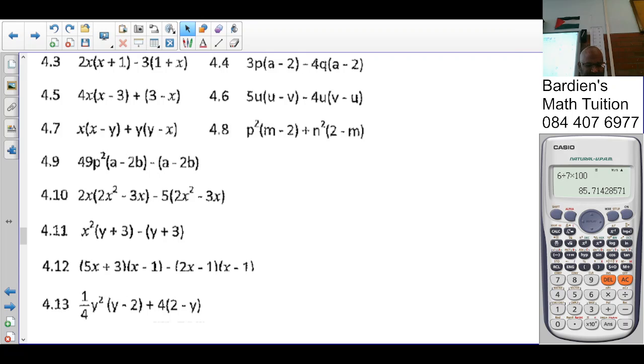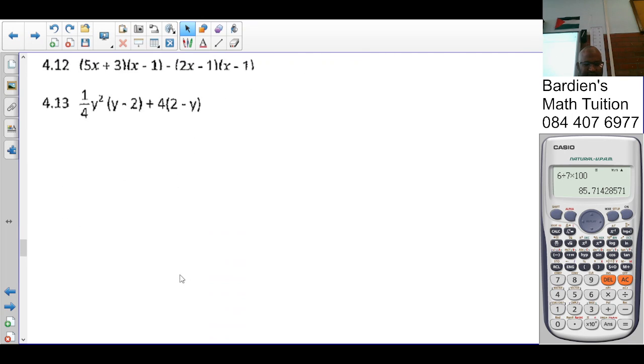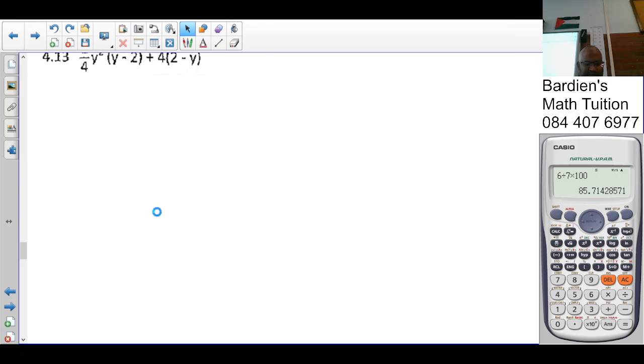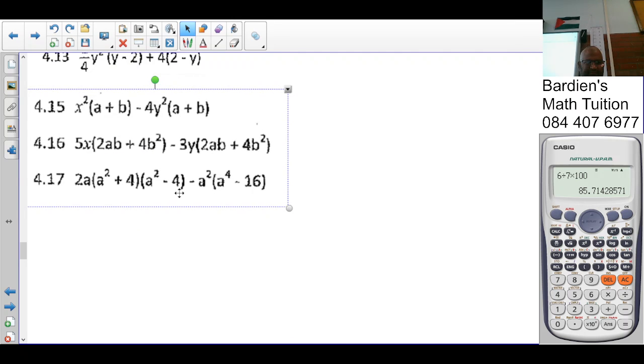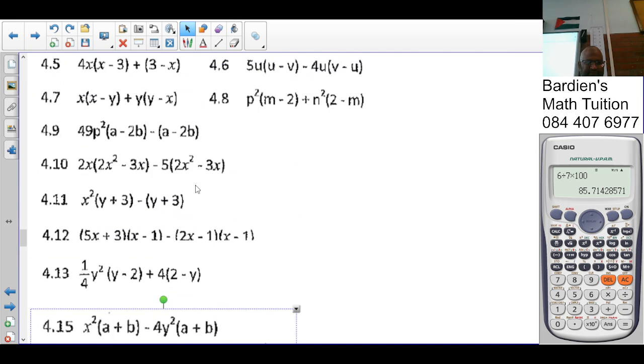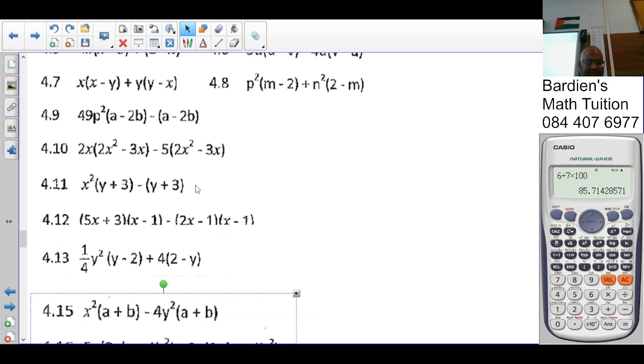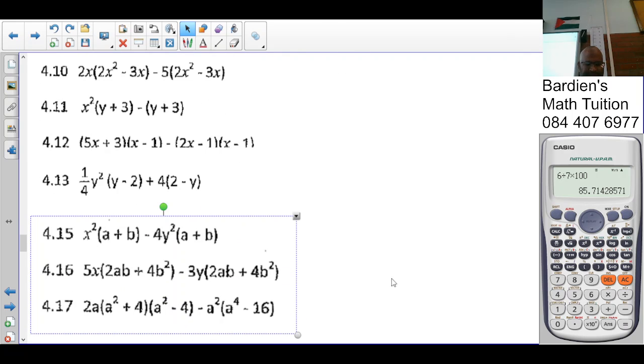Odds, you odds. Where's 3.14? It's 4.14.